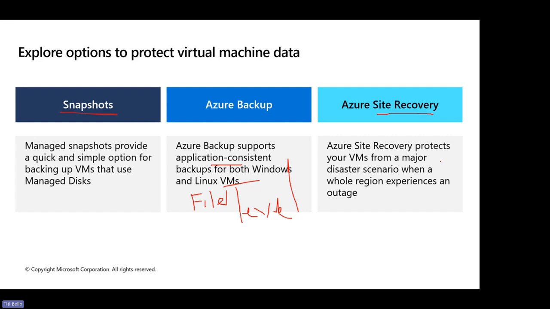If anything happens to the on-premises environment, you can go to your Azure Site Recovery and initiate it, and all the virtual machines will come up in Azure straight away. You don't need to start initiating a recovery or restore job. You just activate it, and the VMs will come up and start servicing your users. That's one way to do it.